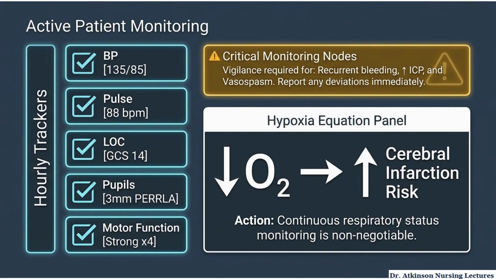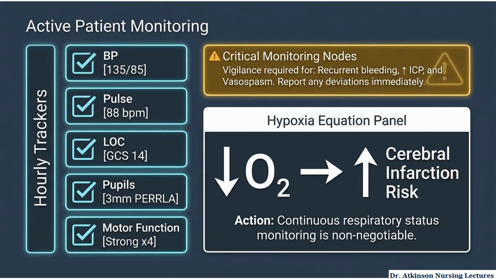And remember, in hemorrhagic stroke, subtle changes matter. A slightly lower GCS, new drowsiness, worsening headache, unequal pupils, or declining strength may be the first sign of deterioration. You are also watching carefully for recurrent bleeding, increasing intracranial pressure, and vasospasm. Those are major complications that can rapidly worsen outcomes.